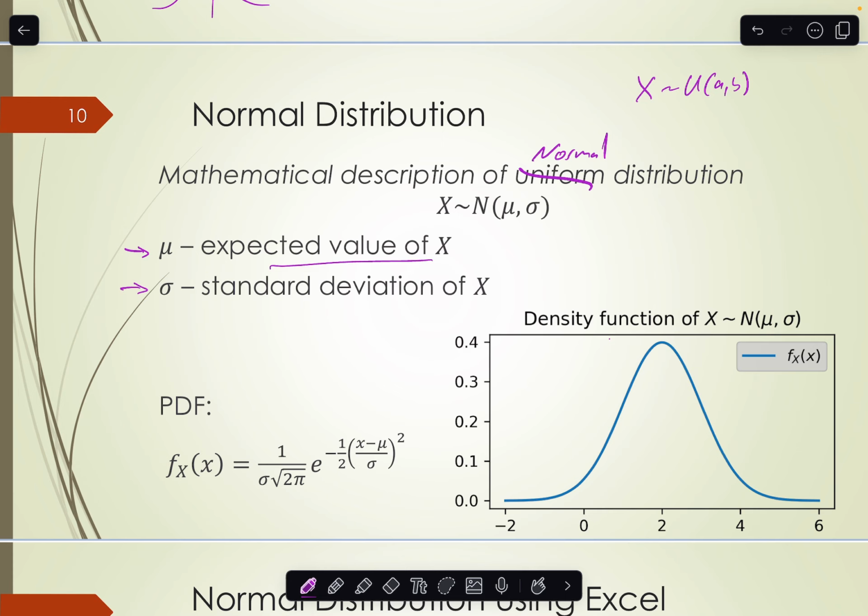And you give it those values, and what you get is a distribution that has mu as the expected value and sigma as the standard deviation. This is the formula for the probability density function. It's very difficult to integrate. In fact, it's impossible to integrate.